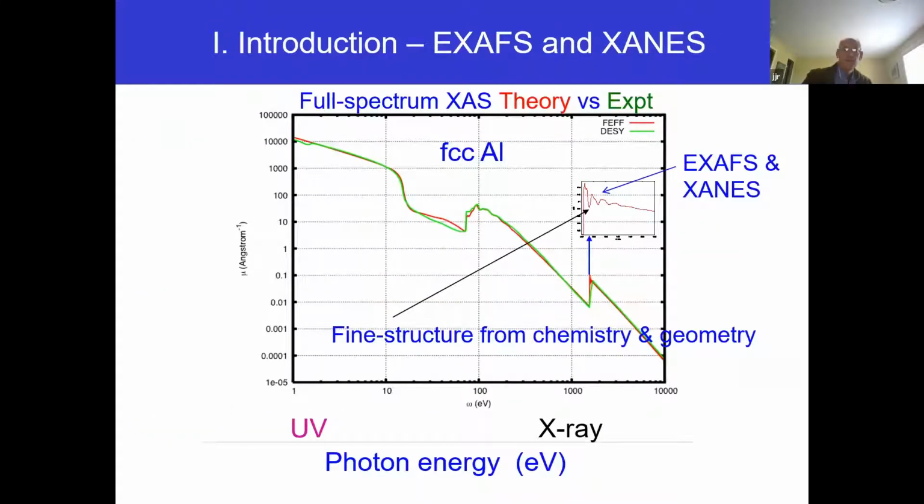Okay, so briefly, what do we want to do? I've shown on this plot the X-ray absorption spectrum. In this case, it's aluminum metal in the face-centered cubic phase. And I've plotted the absorption, which you can see goes over about 10 decades, from the ultraviolet to hard X-ray energies, that is about 1 eV to about 10,000 eV of photon energy.